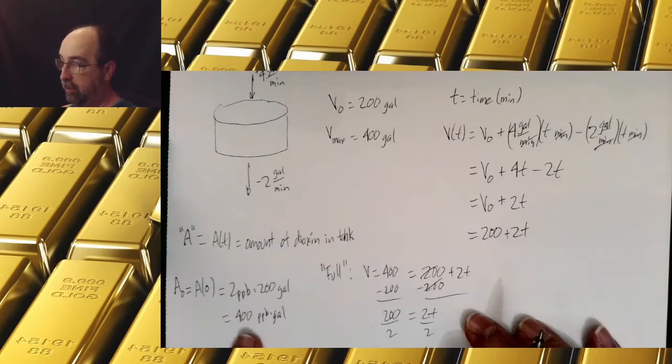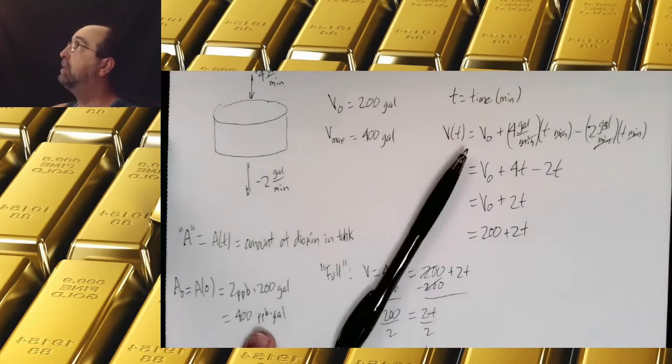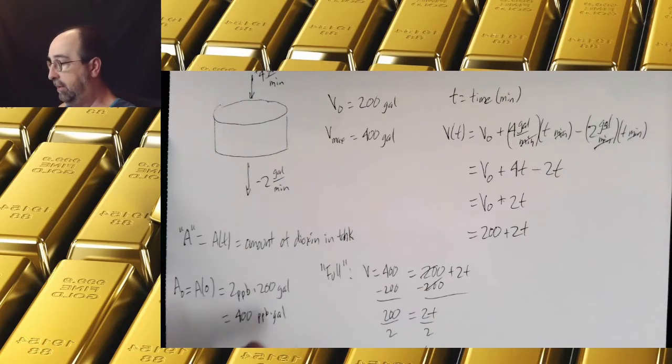And this is actually teaching us how we're going to interpret the answer at the end, because we'll probably get amounts as parts per billion gallons all the way through. But they probably just want to know, how did they ask that question? The question was, how much dioxin is in the tank when the tank is full? They probably just want to know the parts per billion in the tank when we get to t equals 100.